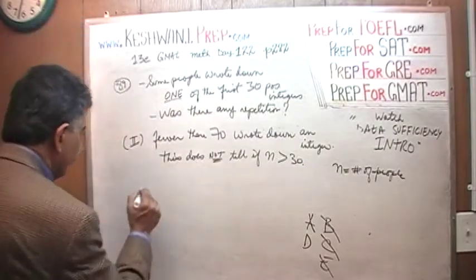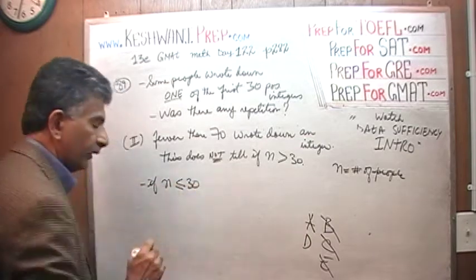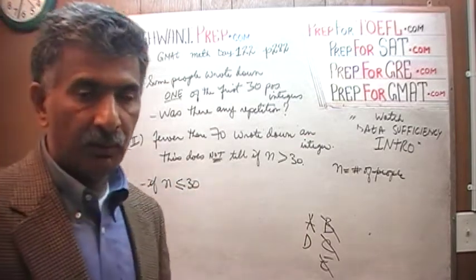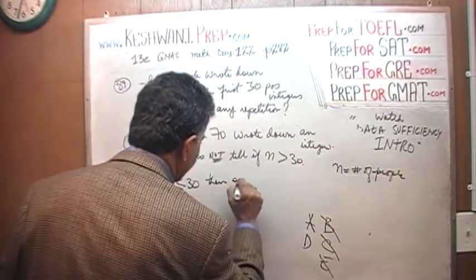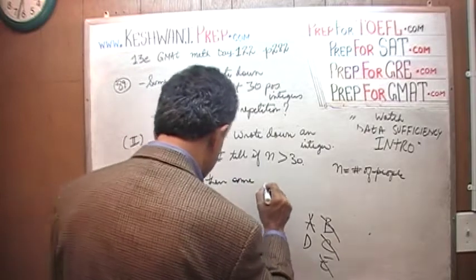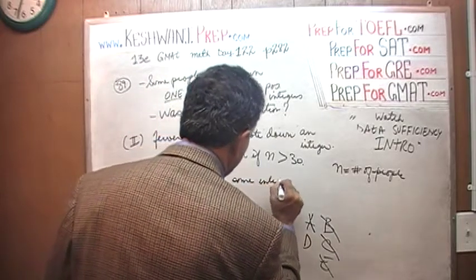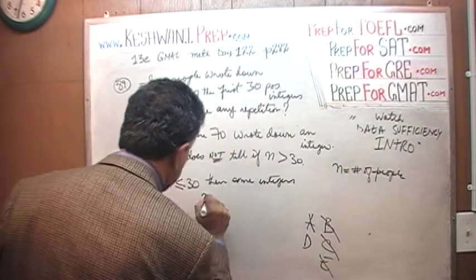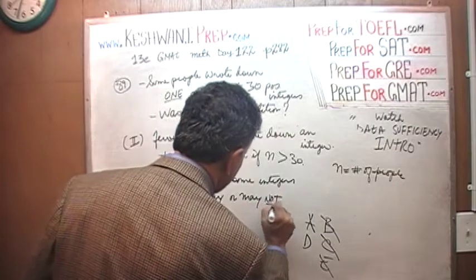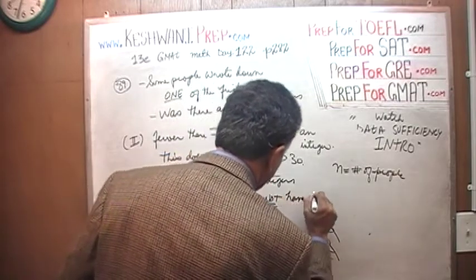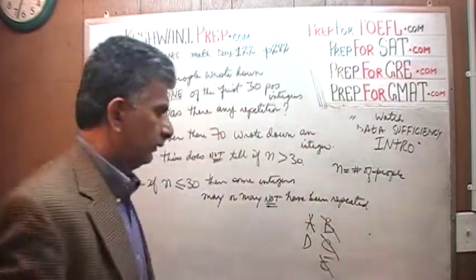Because if n was less than or equal to 30, if there were fewer than 30 people or equal to 30 people, then some integers may or may not have been repeated.